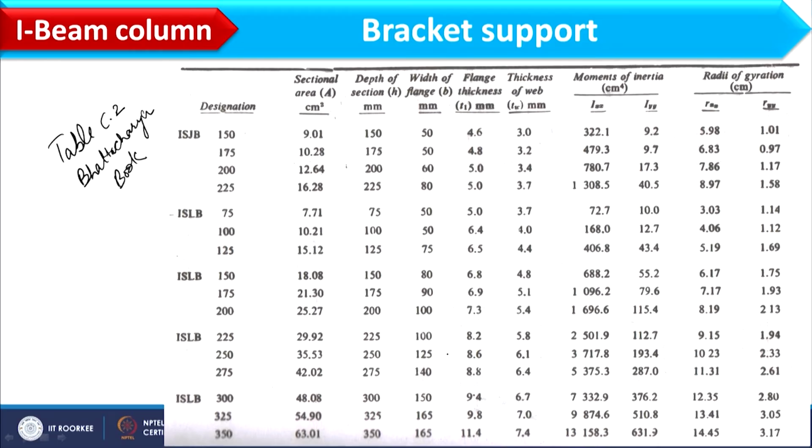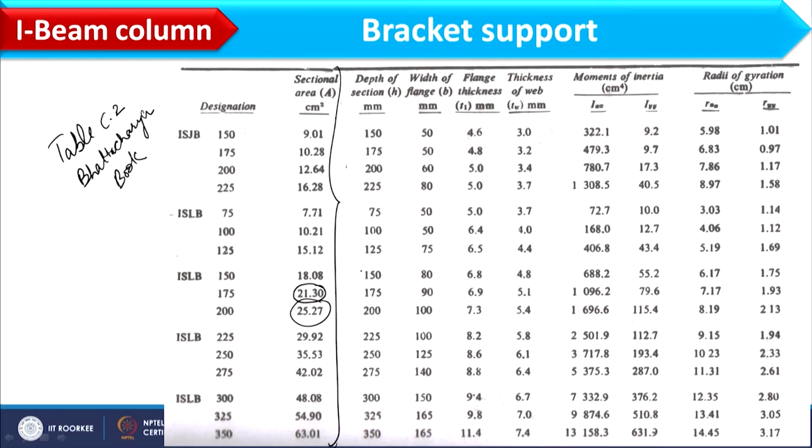Now let's say your minimum cross sectional area is coming as 20, and here if you refer, I have given the sectional area for the structure. As 20 centimeter square is the minimum value, I can choose 21, 25.